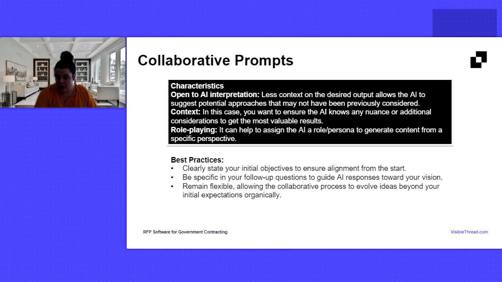Be specific in follow-up questions, so you make sure that you're guiding the AI in the direction that you want to go and you don't get too far off track or too far into the weeds. Be flexible. This isn't something where I have a very clear view of what I'm looking for and I would like the AI to achieve that. Make it really an open-ended collaborative process, and you can really start to develop ideas beyond your initial view.